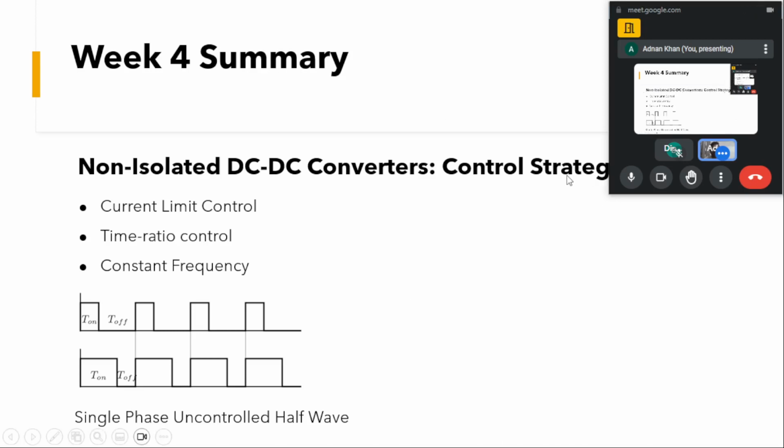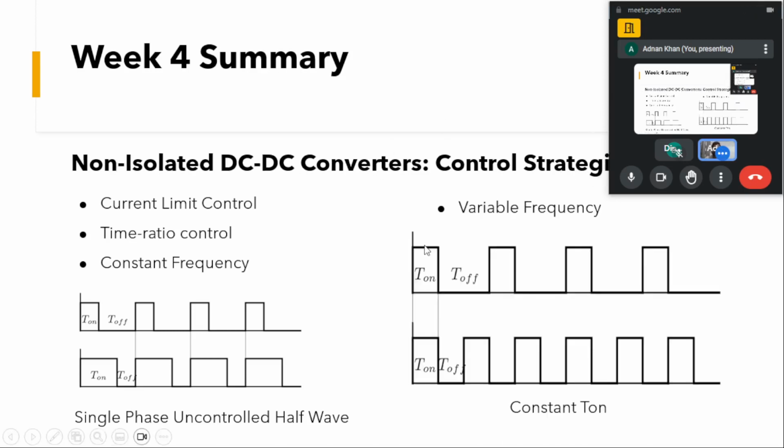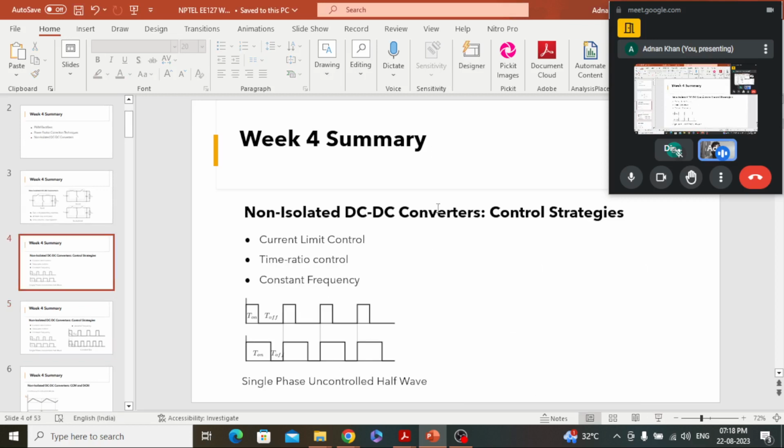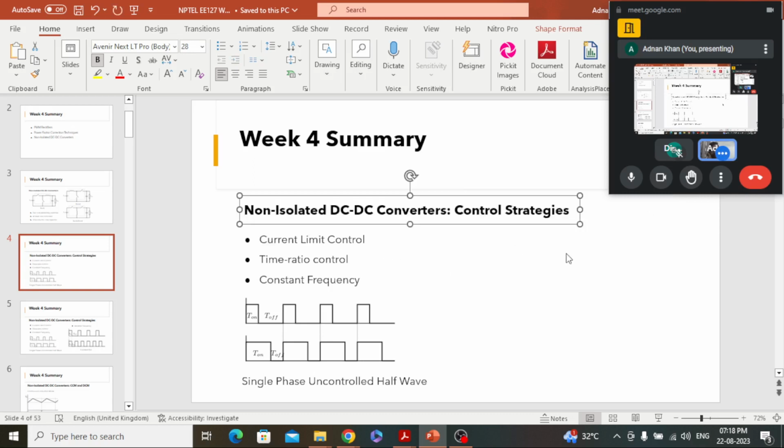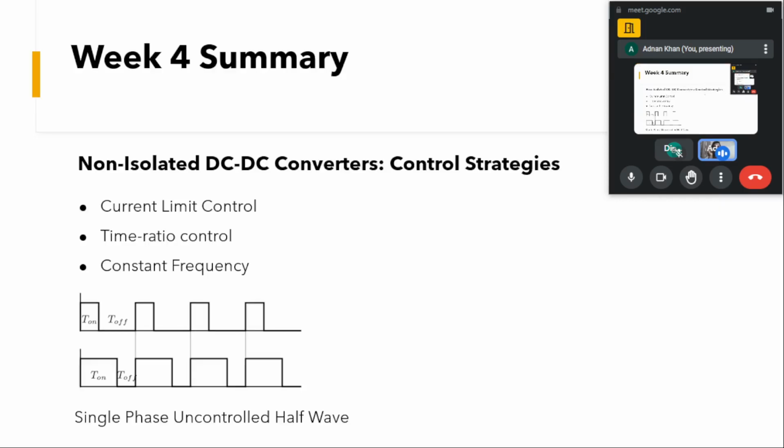Now coming to the control strategies. We saw different topologies, but now we need to see different control strategies for how we will be able to control these DC-DC converters.